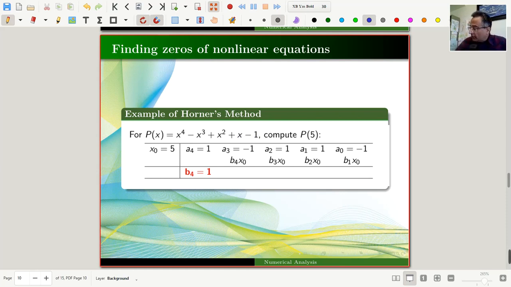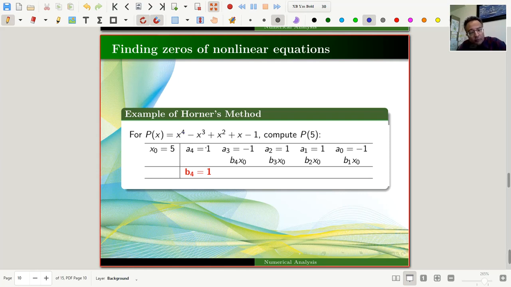Easily, you can draw a table. In the table, you put x0 equal to 5 in this place, and you have to put the coefficients of the polynomial from the coefficient of the greatest degree to the smallest degree.